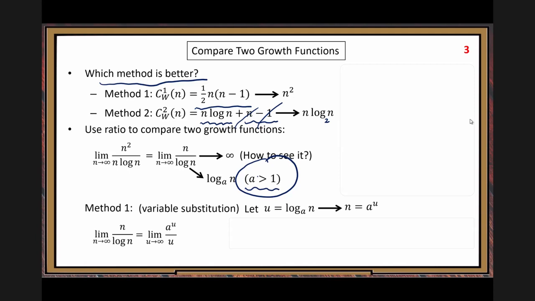From that point of view, you can see it's infinity, because here we use this fact: an exponential function dominates any polynomial. This can be proved later. After variable substitution, we can see that.